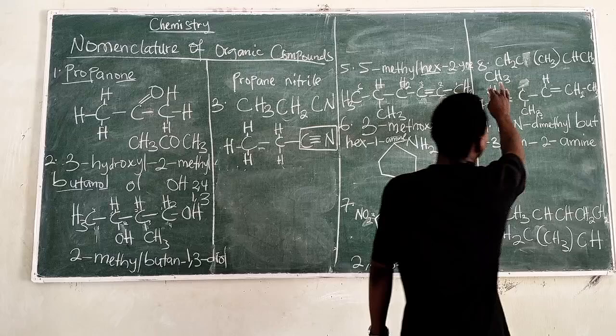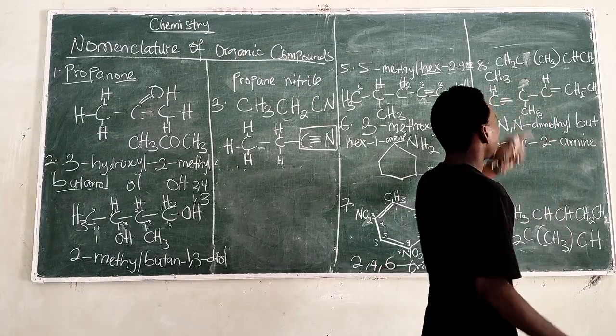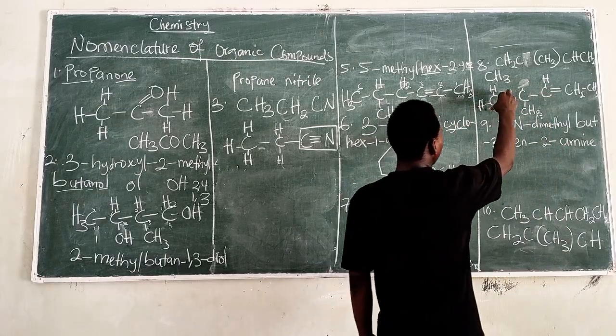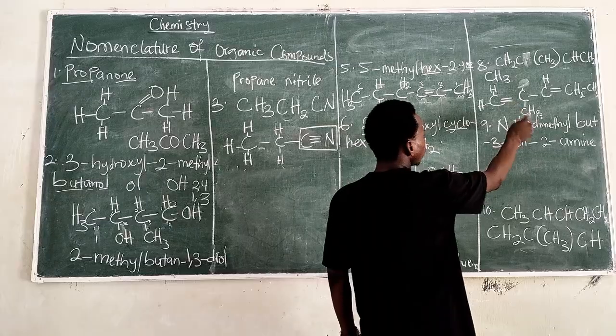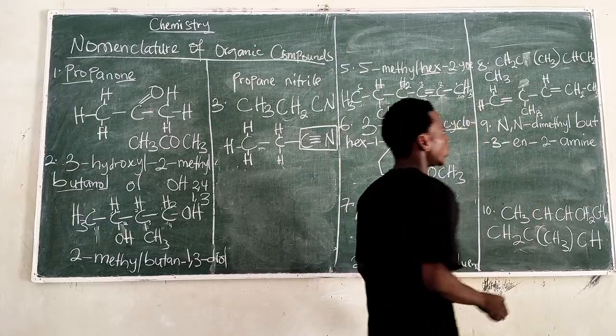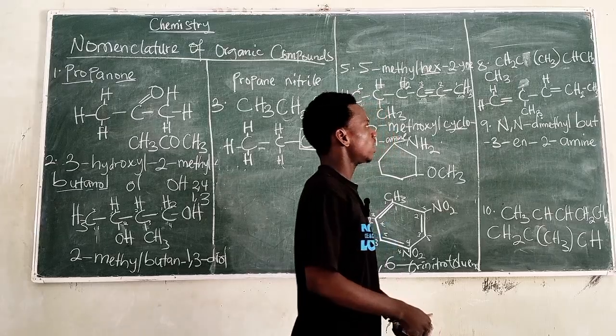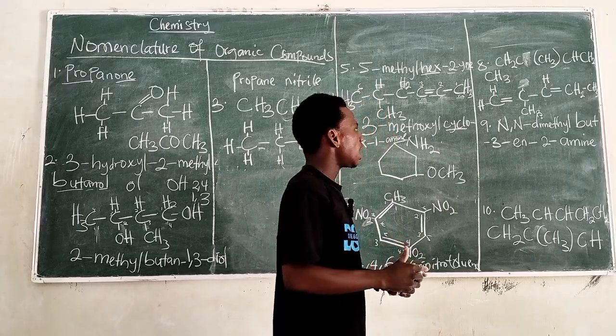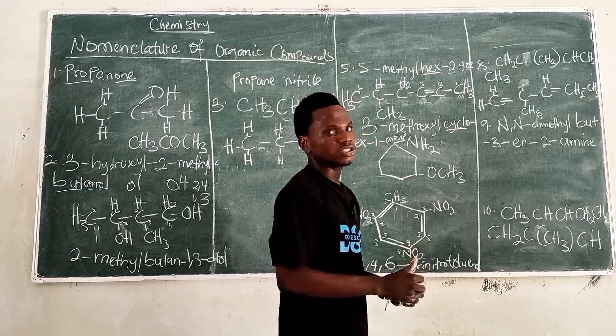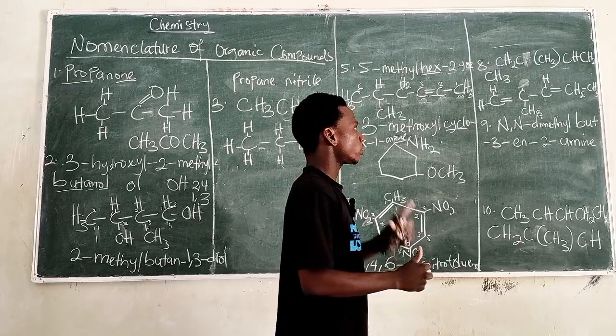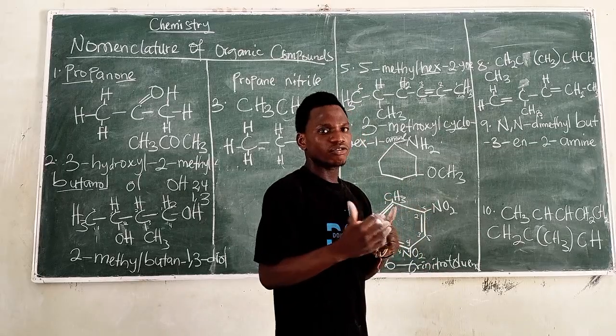Just like we did here, we are able to identify that this carbon has just two hydrogen, so it cannot be single bonded to this carbon. It has to be double bonded for it to complete its outermost shell. Carbon needs 4 electrons to complete its outermost shell, and it has to always have 4 bonds.